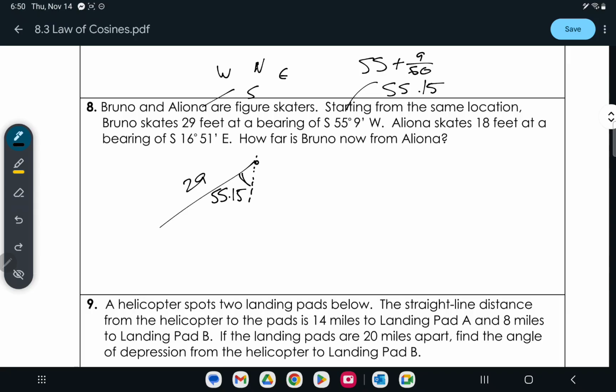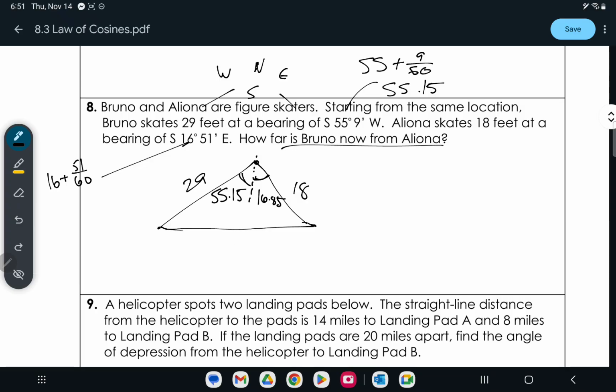And it goes 29 feet that way. The other skater is going southeast, so it's going the other direction, and their bearing is going to be this one here. So let's see, 16 plus 51 over 60 is 16.85. And she went 18 feet. How far are they apart?